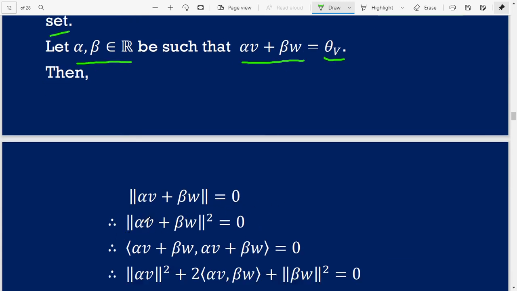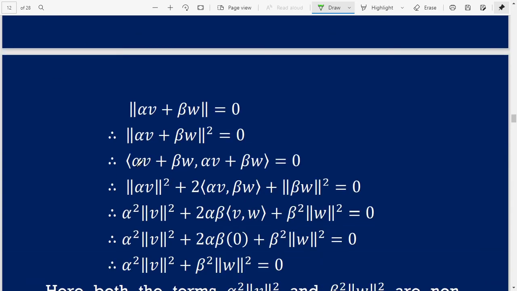Squaring both sides, the norm of alpha v plus beta w, whole square, is equal to 0. So we can write in the inner product space, the inner product of alpha v plus beta w with alpha v plus beta w is equal to 0.